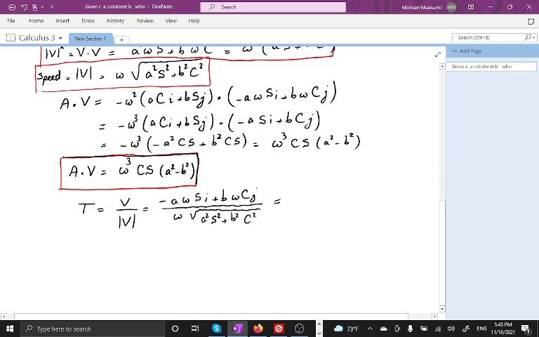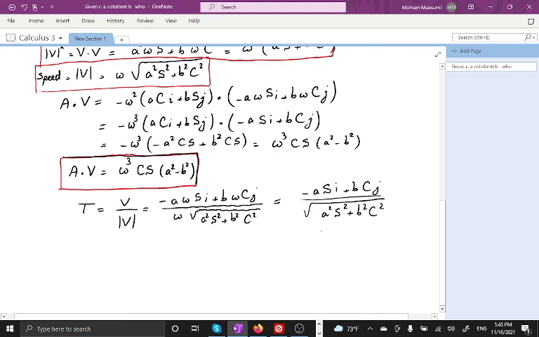So this omega and this omega cancel, and I have minus a s i plus b c j divided by the length of this, which is the square root of a squared s squared plus b squared c squared.